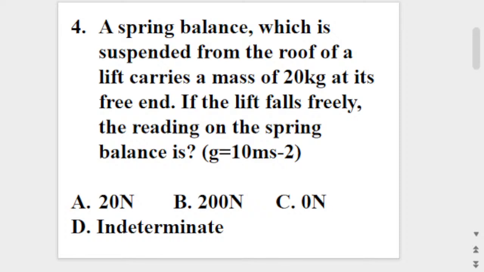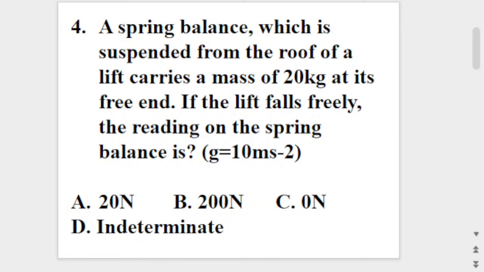Now, if the lift is moving downward with a particular acceleration, the formula to use will be mg minus T is equal to ma. M is the mass of the body. G, of course, you know is the acceleration due to gravity. T is the tension or the reading on the scale. And a is the acceleration with which the body is either moving down or moving up.